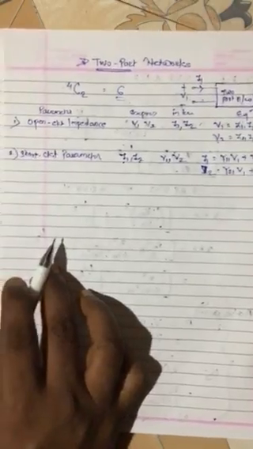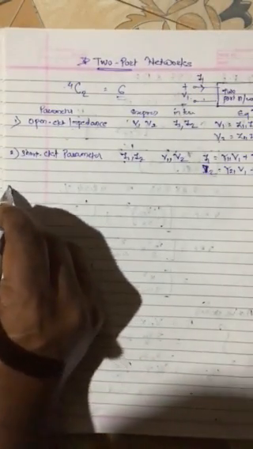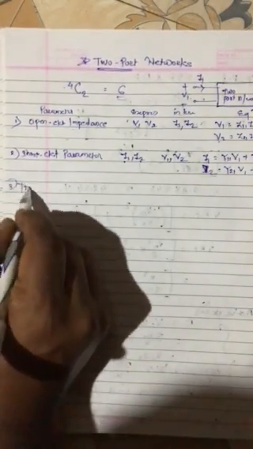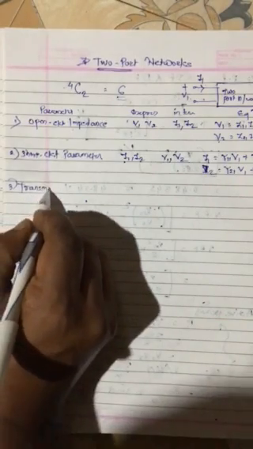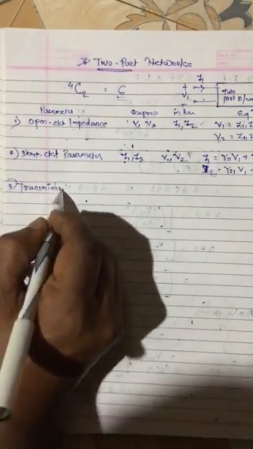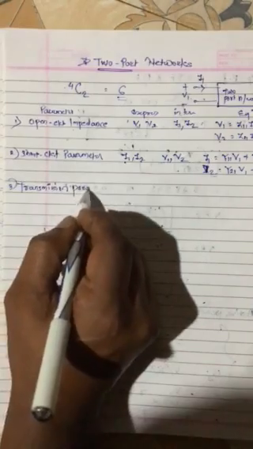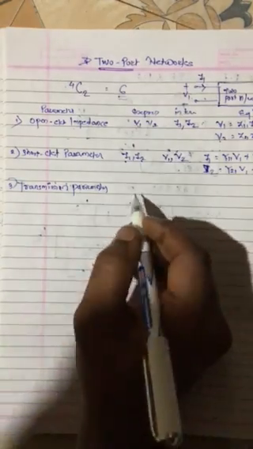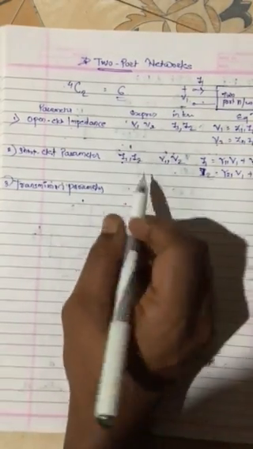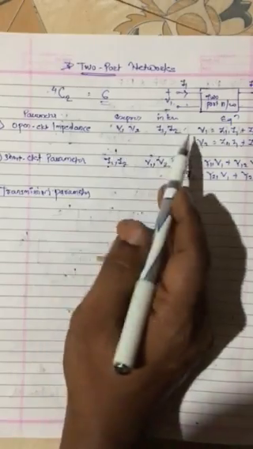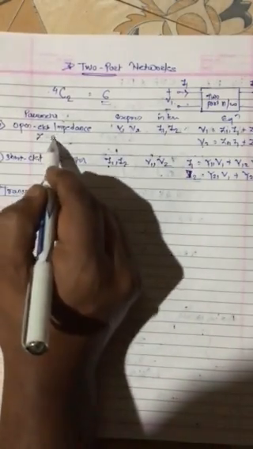Now the third set of parameters is the transmission parameter. We are going to deal with these parameters throughout the whole chapter, so listen carefully. The open circuit parameter is also called the Z parameter, and this is also called the Y parameter.